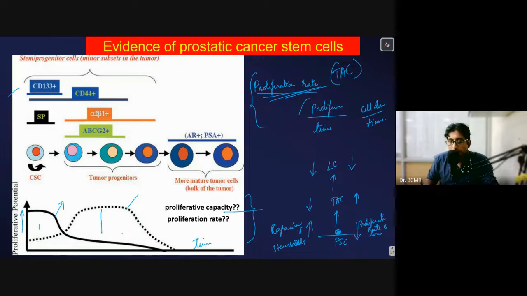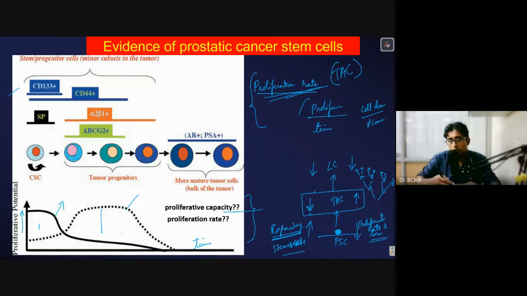I'll try to repeat again. Stem cells, adult stem cells, their proliferative capacity or stemness is very high, but the rate at which they divide is very low. The majority of the time they are dormant or quiescent. They will only divide when there is a need. But transit amplifying cells, their proliferation rate is very high. That means as soon as they form, they will divide much more rapidly, though not for many rounds, because their capacity is reduced.